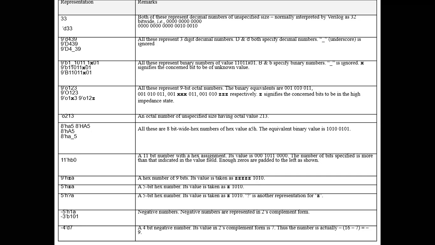Here the first thing we saw was decimals. Next we have seen binary numbers. Now we'll see the octal numbers. So in the first place you can see 9. That means it is using 9 bits. It's a 9-bit octal number. Here it is O, not 0.